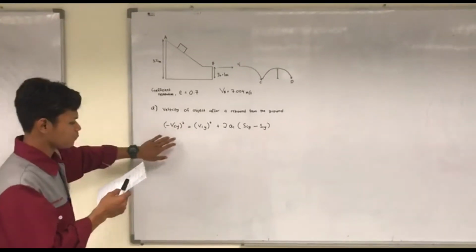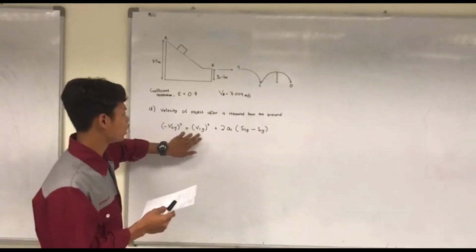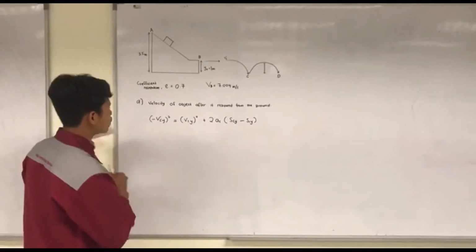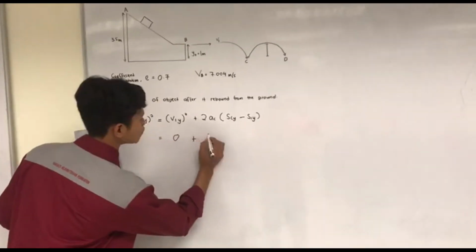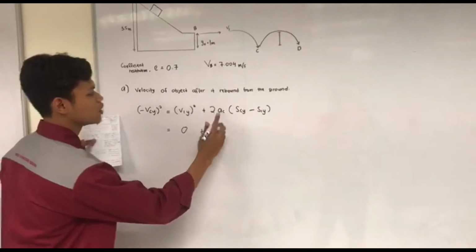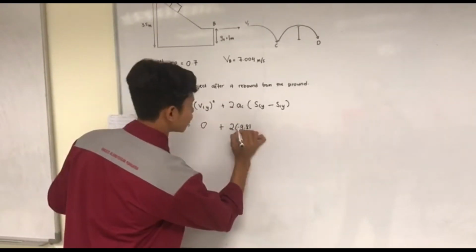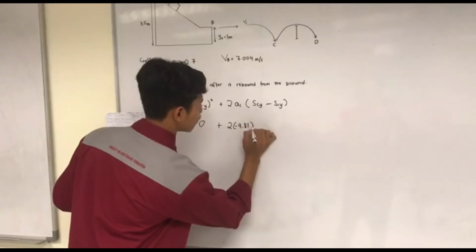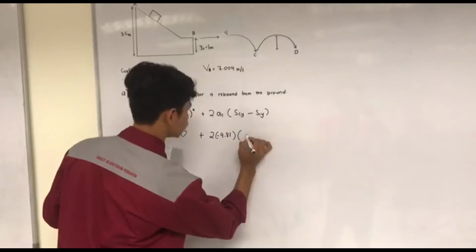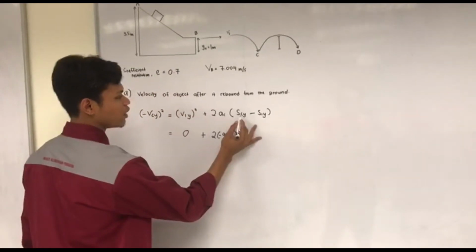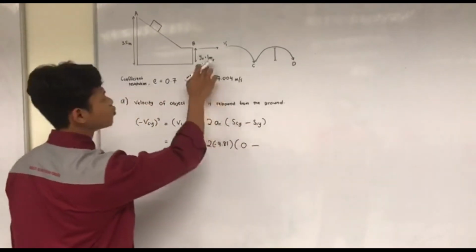We don't have the velocity at point A on the y-axis, so we consider it to be 0, plus 2, and a_C is negative 9.81, and we know that S_C is 0 and S_A is 1.